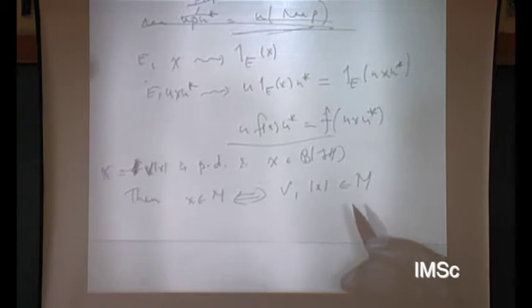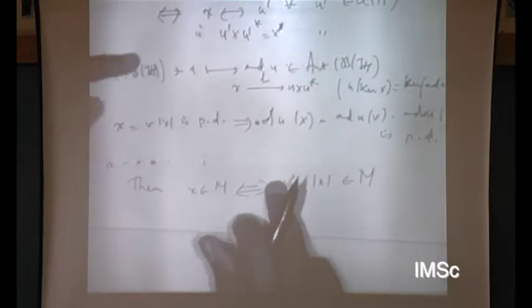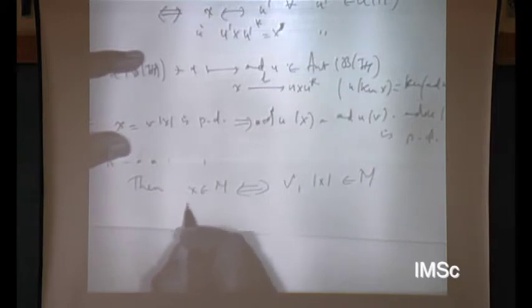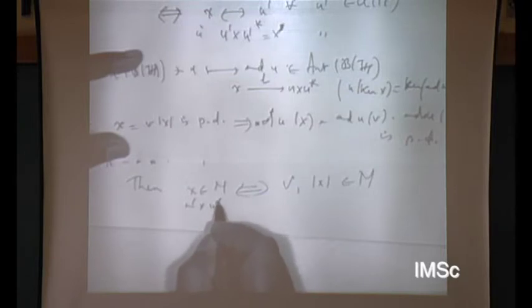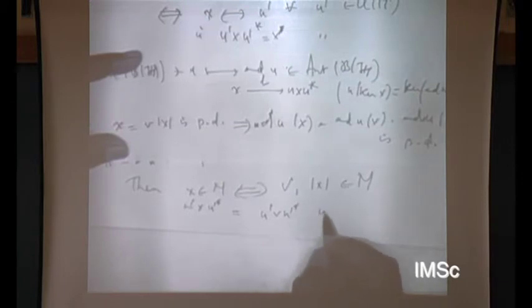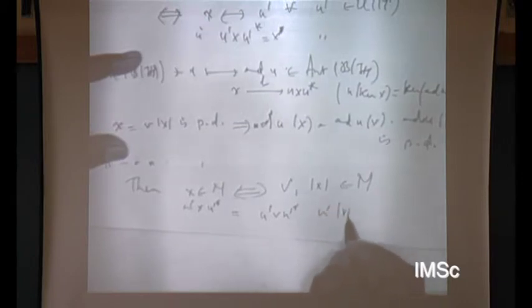So I take any u prime in the unitary group of M prime, and this theorem will tell me that u prime x u prime star is u prime V u prime star times u prime mod x u prime star.